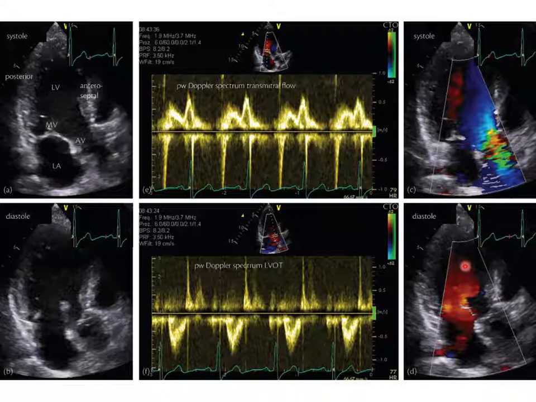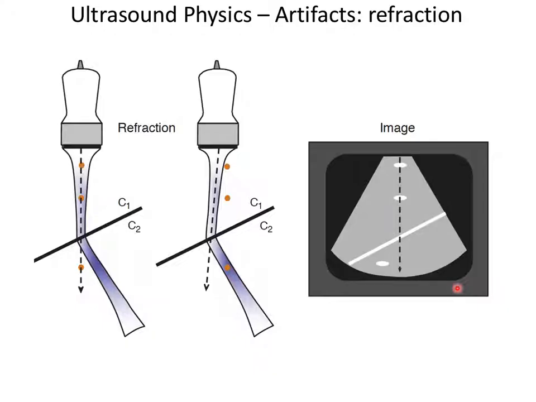And then in diastole, when the ventricle is filling with blood, the velocity is coming towards the transducer. Okay, that's the red color. So they have this color here. So blue is away, red and yellow is towards the transducer, and that's what we see here. And so that's normal function. That looks pretty good.